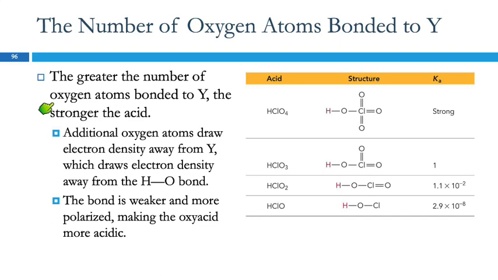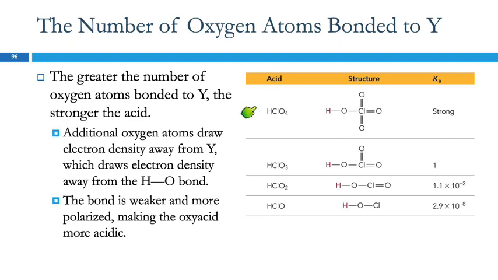So the more oxygen atoms that are bonded to Y, the stronger the acid is, because now we've got oxygen atoms pulling blankets, or electrons, away from that element Y, who's pulling back, but pulling more so from the oxygen with the hydrogen, and so the hydrogen has even less, the bond is weaker.